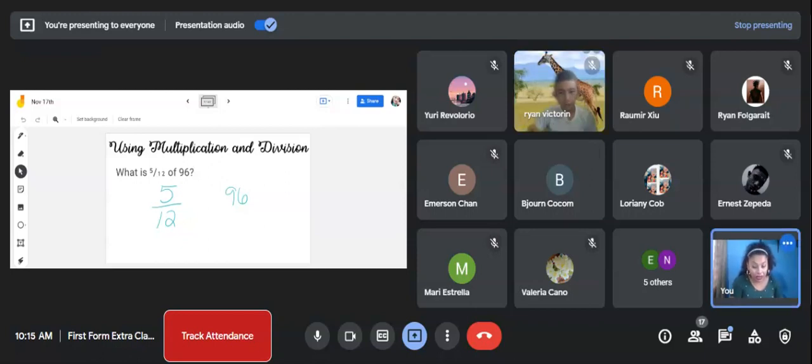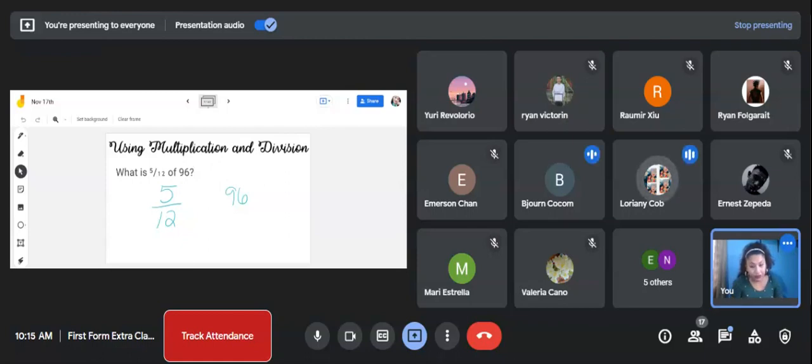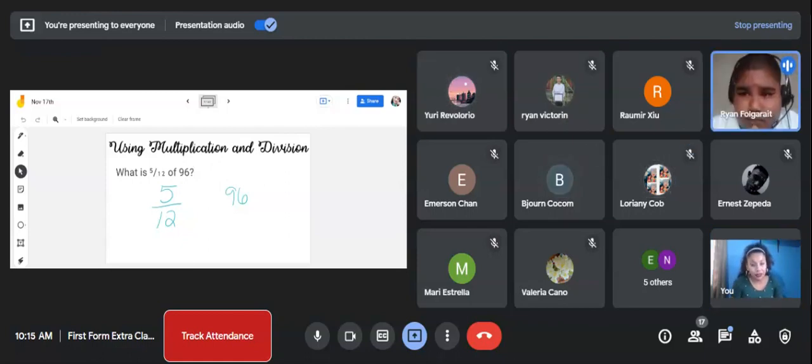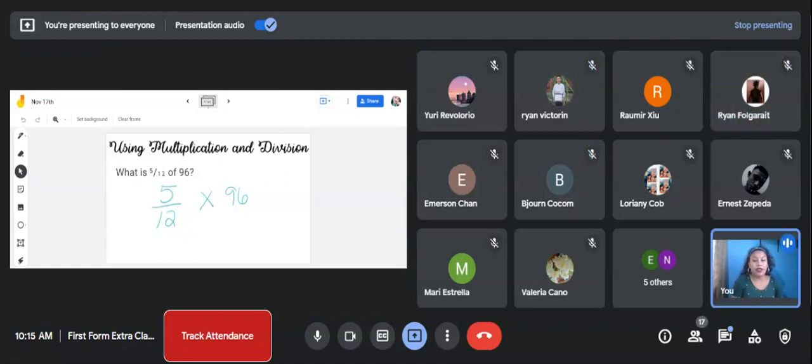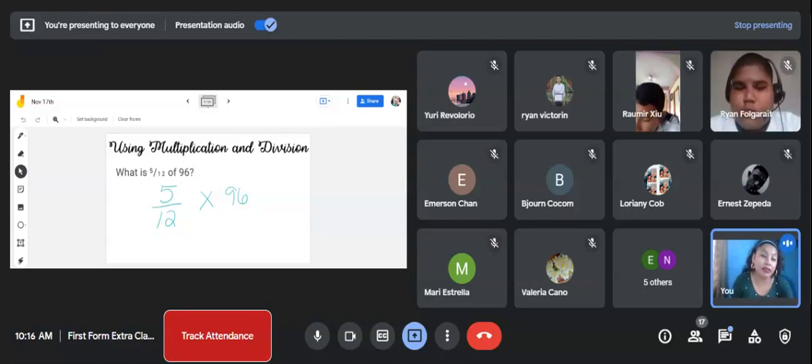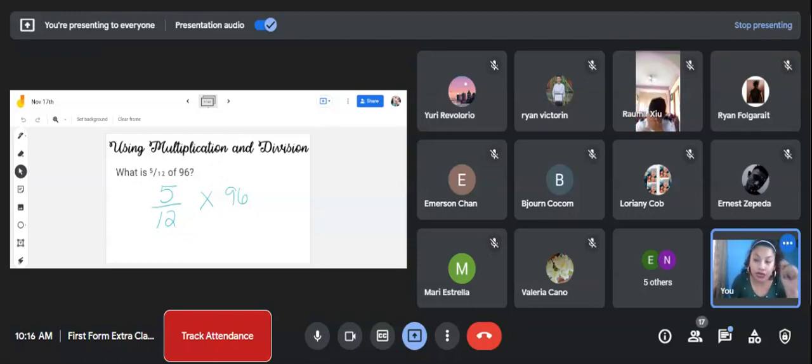Multiplication. Very good. It only means multiplication. So if they tell you half of 6, they're telling you half times 6. If they tell you 2/5 of 90, they're telling you 2/5 times 90.